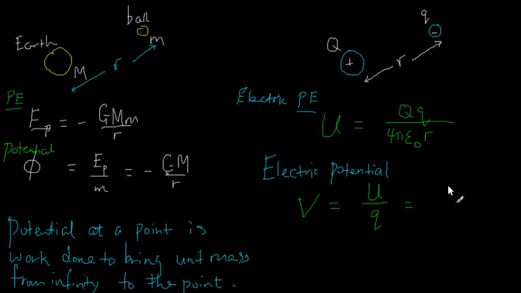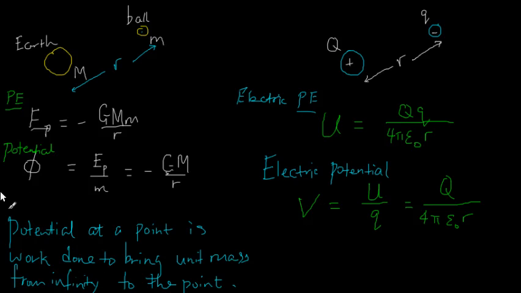So you're left with the big Q over 4 pi epsilon naught R. So there's still a lot of similarity, and in fact most of the meaning would be the same for electric potential.